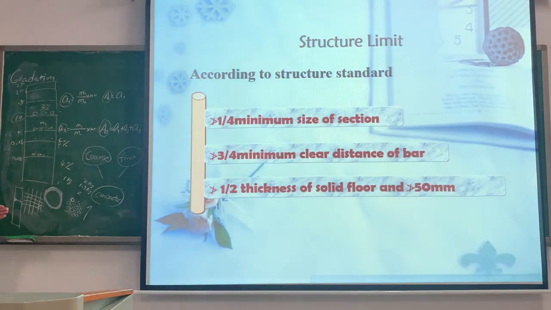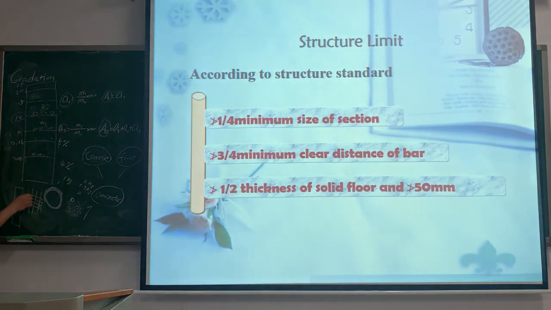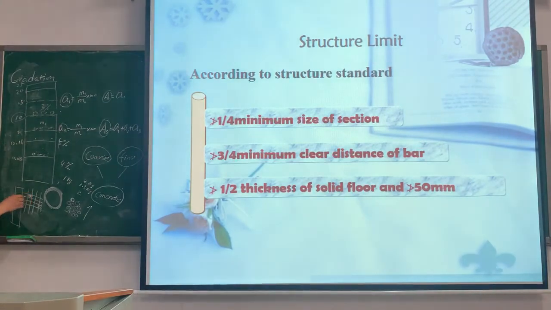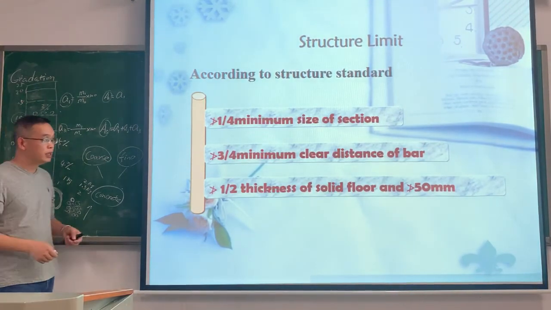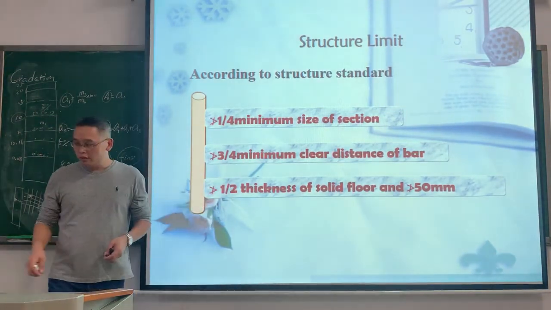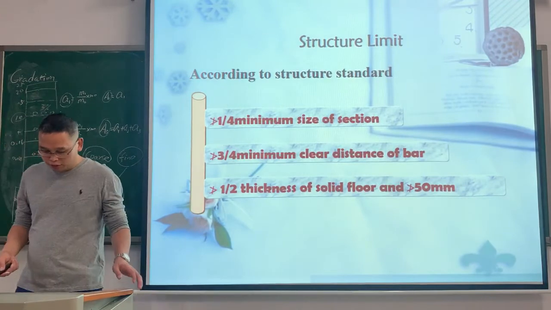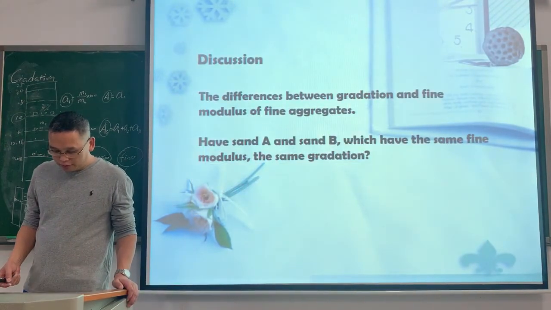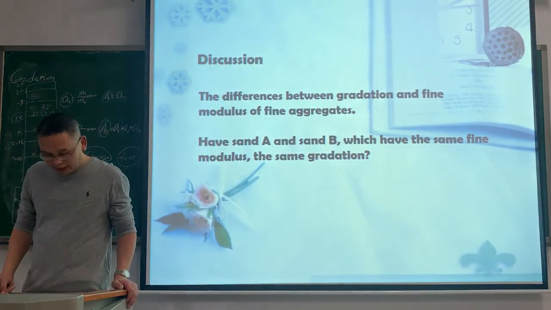The maximum size of the coarse aggregate we can use must be below here, or it cannot go through. And then for the solid floor, the thickness is 1.2.